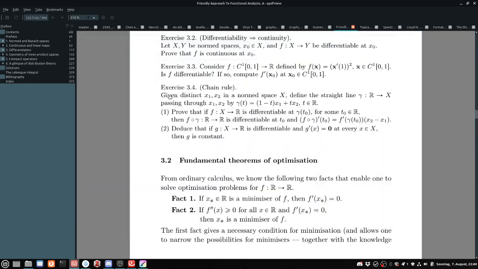Let's actually look at 3.4, because it's actually that the chain rule still works. They ask you first to prove that you have f from X to R being differentiable at some gamma of t0, and then the composition, so f, take t, apply gamma to get into X, and then apply f to that.